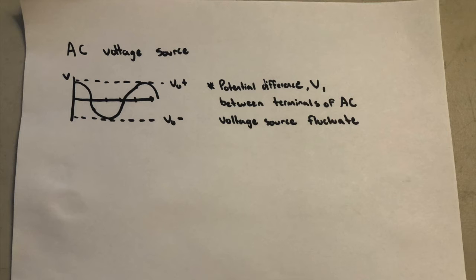The potential difference, or V, between terminals of an alternating current circuit fluctuates, right? So that potential difference V is fluctuating between the terminals of an AC voltage source.